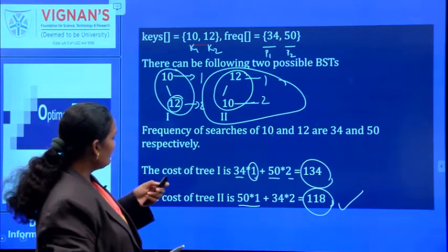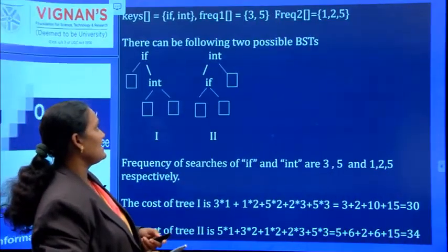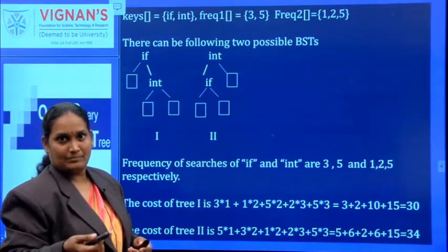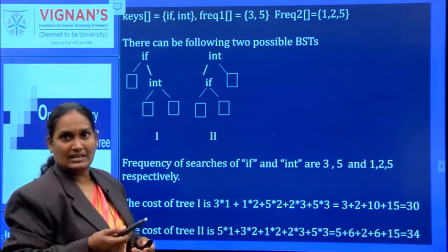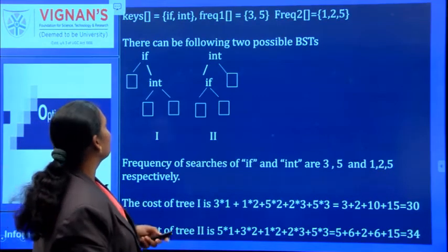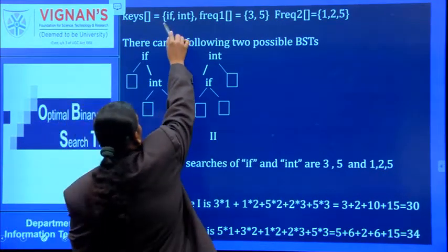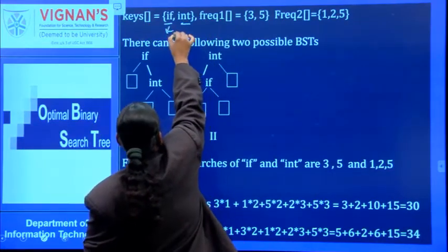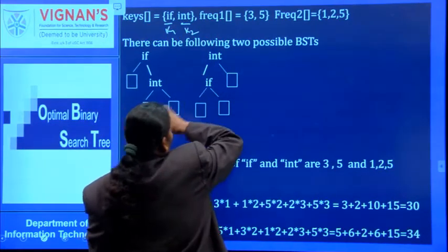Now let us see if we are given the dummy probabilities also. In that case, how do we calculate the searching time for the elements of that particular tree? Here the key elements k1 and k2 are if and int.